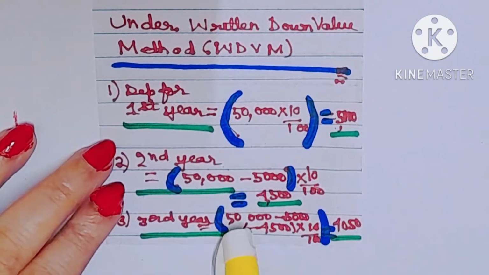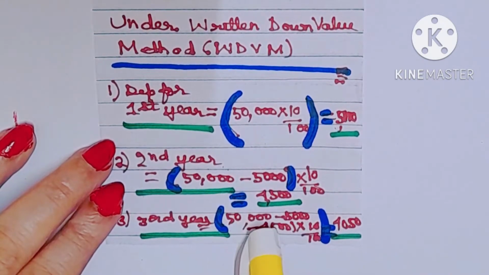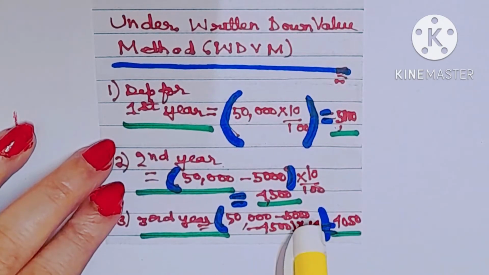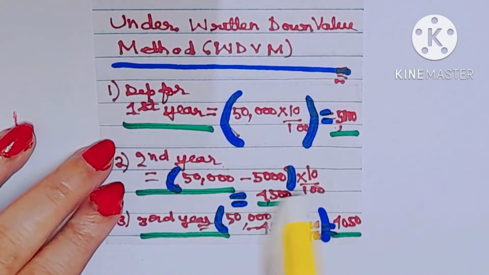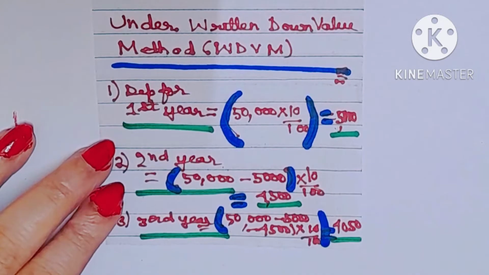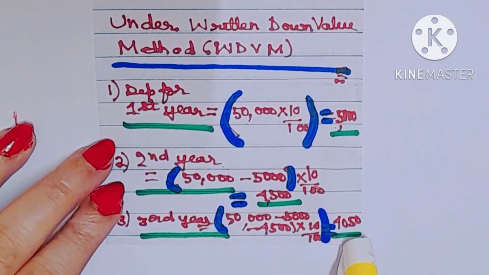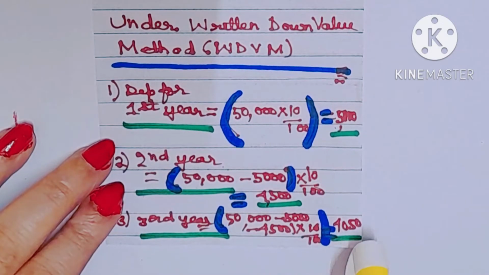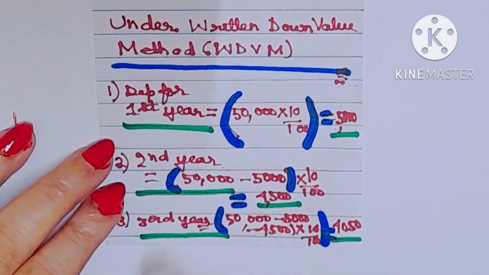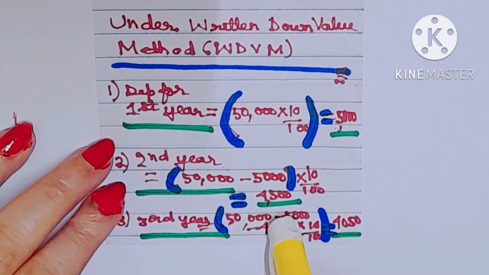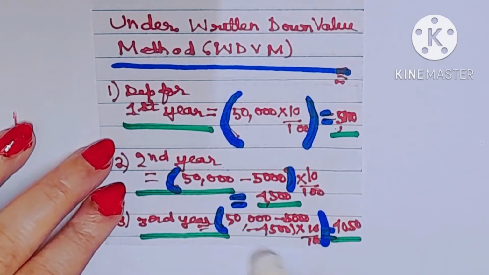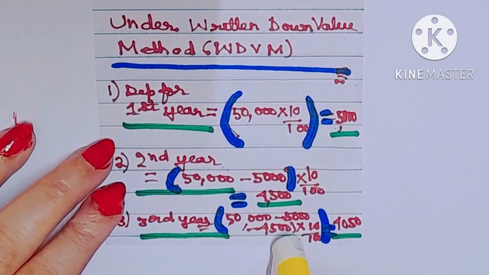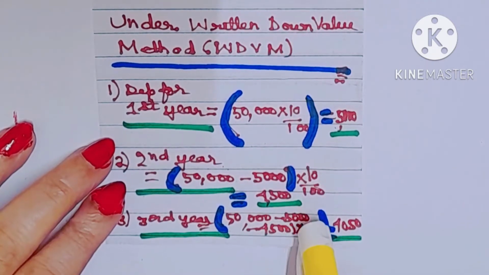So the original cost of the plant and machinery is 50,000 minus first year's depreciation, that is 5,000, minus second year's depreciation, that is 4,500, will give you 40,500 into 10 by 100. So the third year's depreciation is 4,050. So what is the book value of the asset in the third year? 50,000 minus 5,000 minus 4,500 is equal to 40,500.